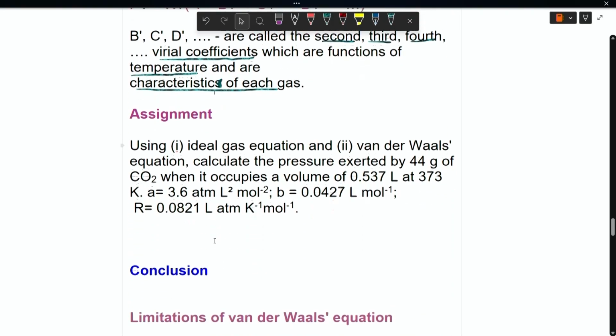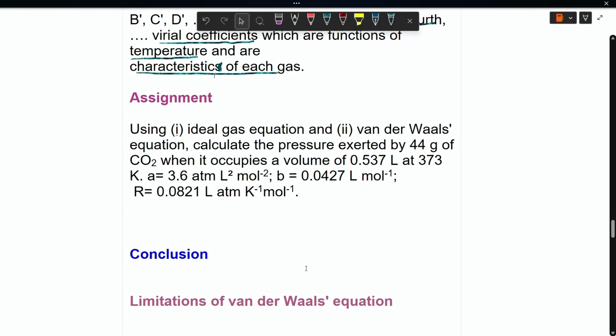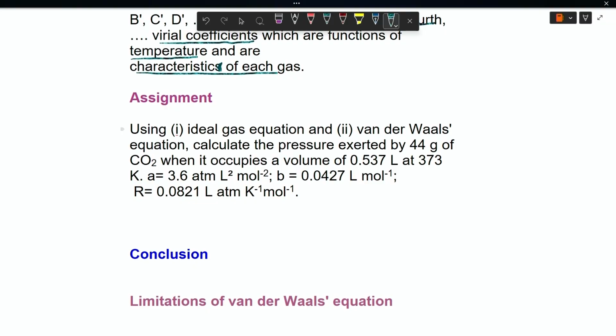For each gas it is characteristic, and with temperature it changes. Now, I have given an assignment which is based on the problems we have already solved in this session, that is, using the ideal gas equation and the van der Waals equation, calculate the pressure exerted by 44 gram of carbon dioxide when it occupies a volume of 0.537 liter at 373 Kelvin.